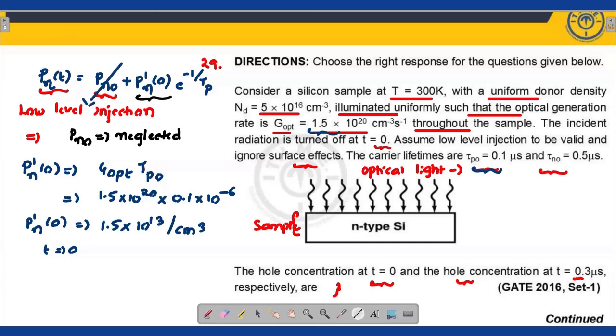Now in expression 1, substitute in this particular expression.